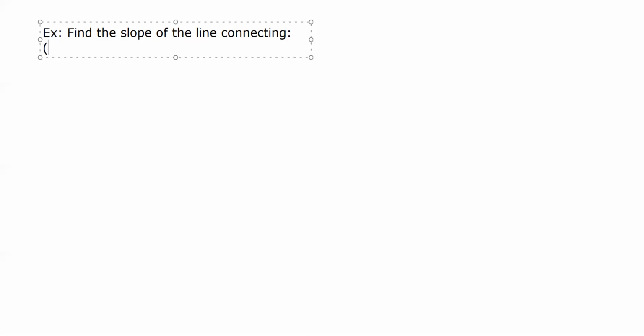So what we're going to see is that the telltale characteristic of a horizontal line is that for any 2 points on the line, they're going to have the same y coordinate no matter what. So I can pick negative 100 for the x coordinate, comma, how about 4 for the y coordinate? And then I can pick, oh, I don't know, 36 for the x coordinate on my next point. But since I'm trying to construct a horizontal line, the y coordinate needs to be the same in both of them.